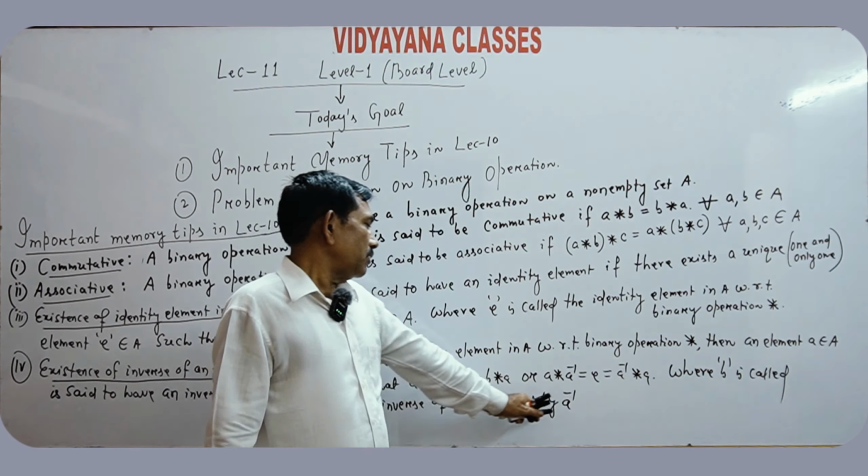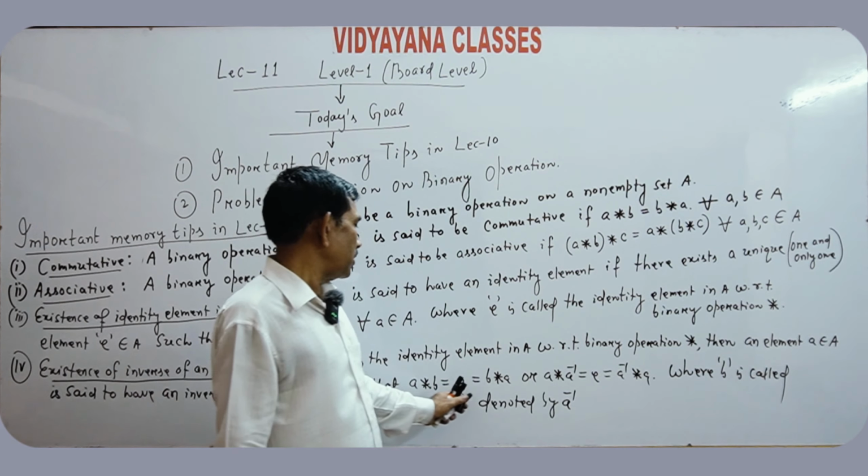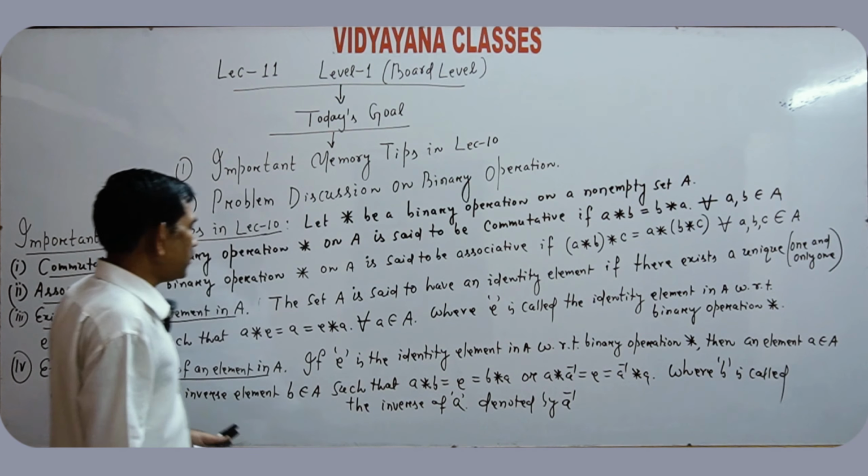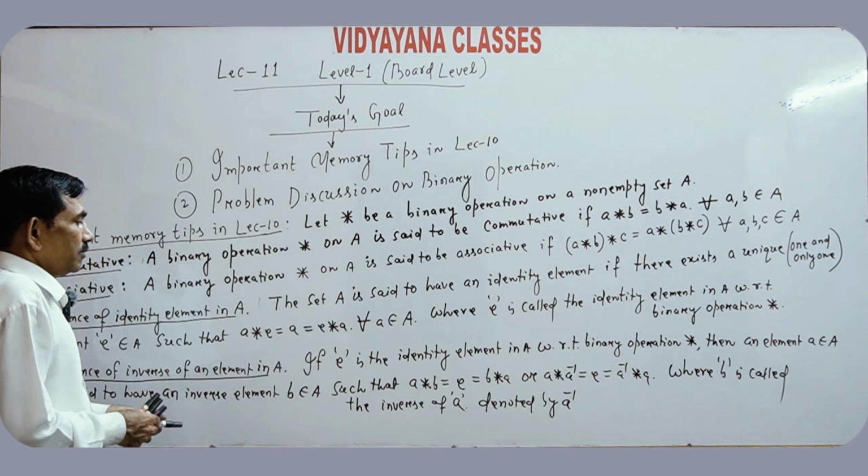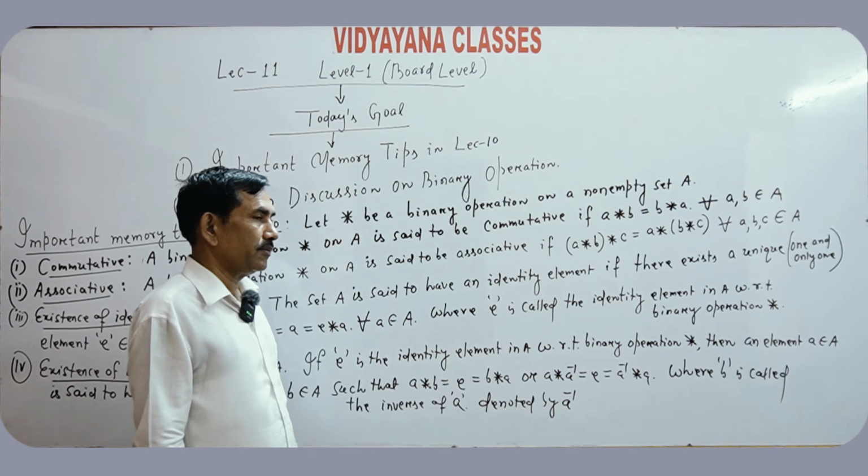B is same as A to the minus 1. If this condition is satisfied, then B is called the inverse of A.